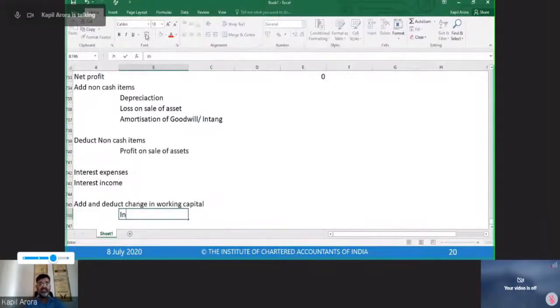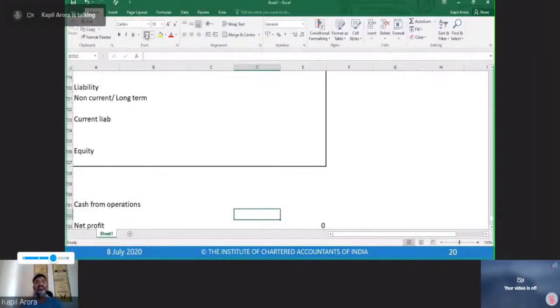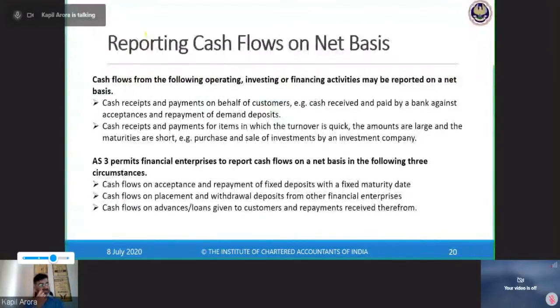Inventory movement has happened. Inventory has gone up. It means I might have received less cash, as I purchased the inventory. So that is how we look at our indirect method. Amortization of goodwill is nothing but amortizing an intangible asset, right?